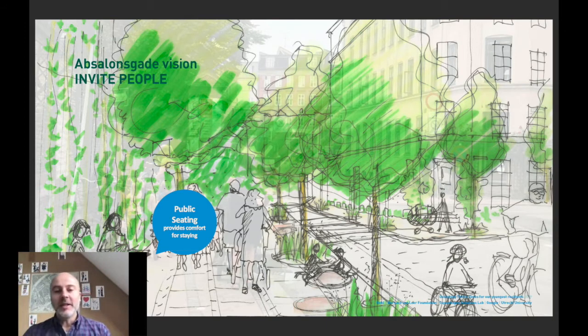So again, add those together. These principles could be a key for rejuvenating streets, inviting people to spend more time. So in general, we think there's never been a stronger case for win-win initiatives that are good for people's health, both individual and collective health, and that are also good for climate.